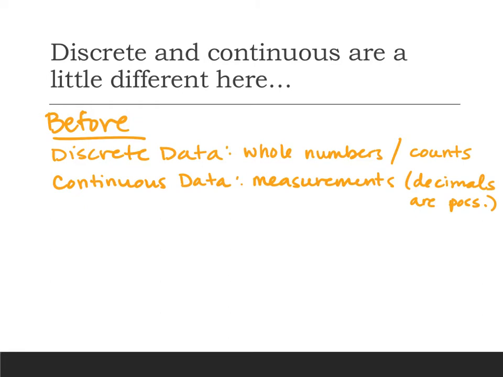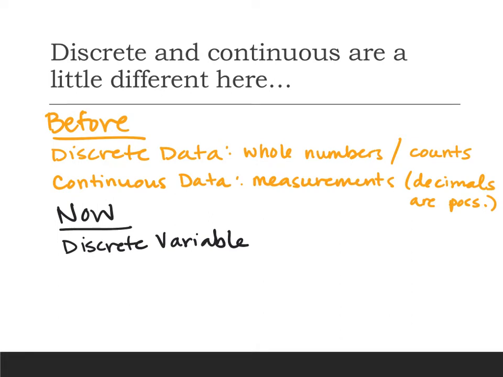So now, when we talk about a discrete variable, we're not necessarily talking about the possible values of this x. Remember that our random variable x is something.